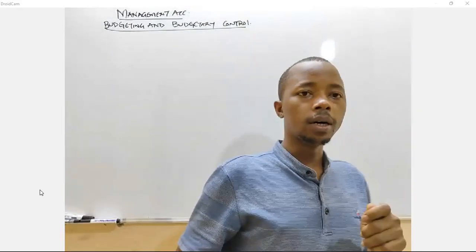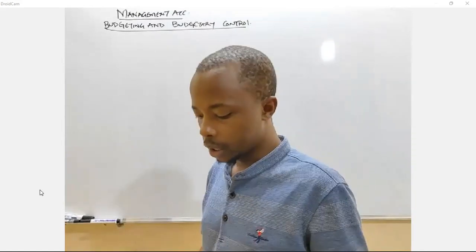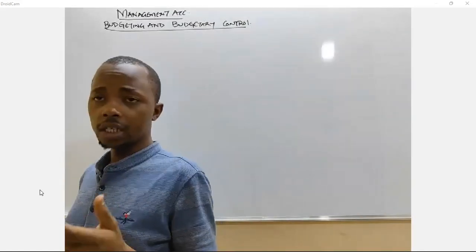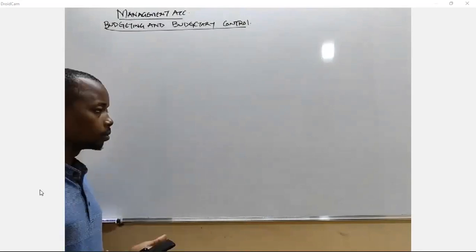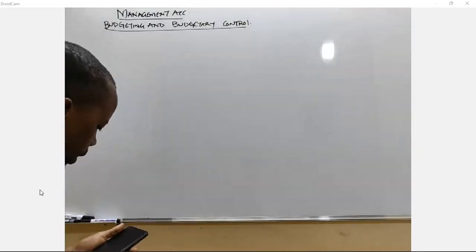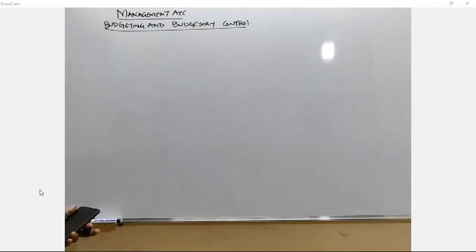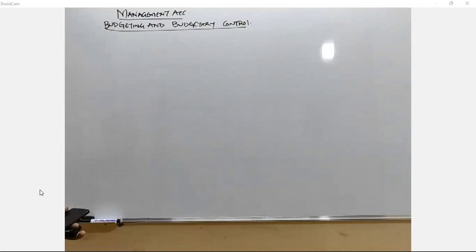When we discuss a budget, it's just a financial statement which is basically used to project the expected revenues, right? It is normally used to project the costs, assets, liabilities, and the cash flows of the organization.